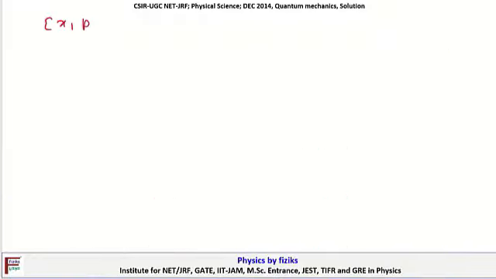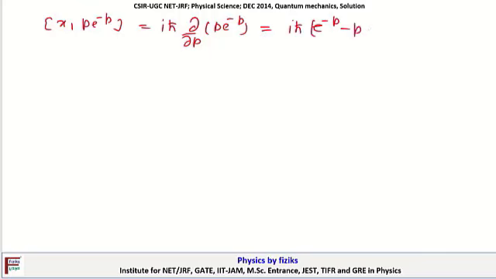[x, p e to the power minus p] is equal to i h cross del by del p (p e to the power minus p), is equal to i h cross (e to the power minus p minus p e to the power minus p), is equal to i h cross (1 minus p) e to the power minus p.